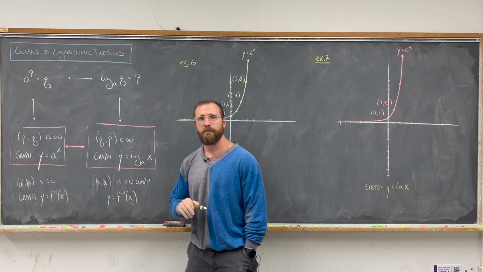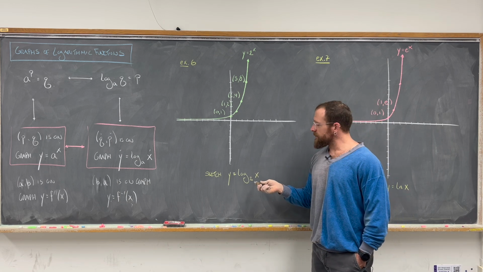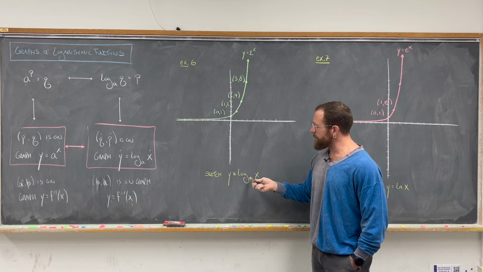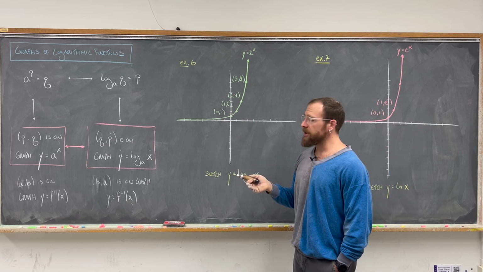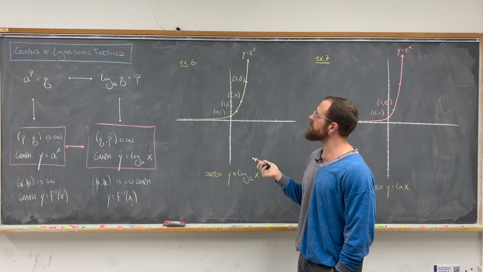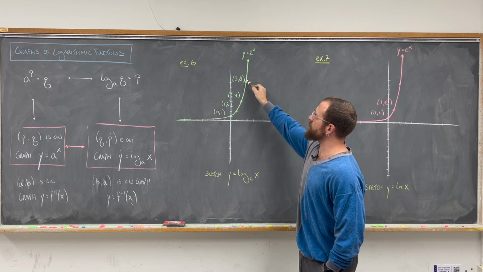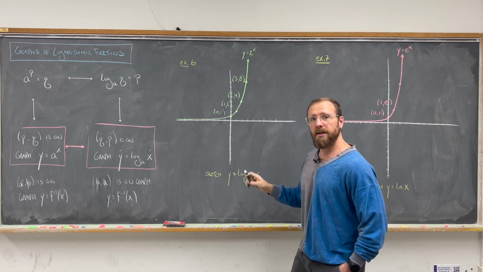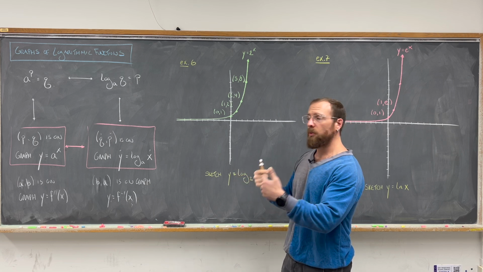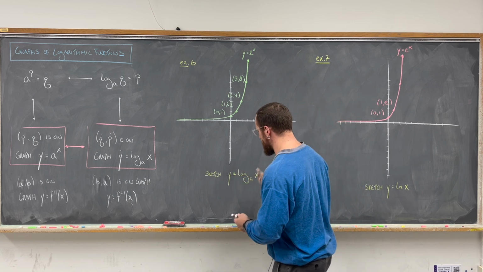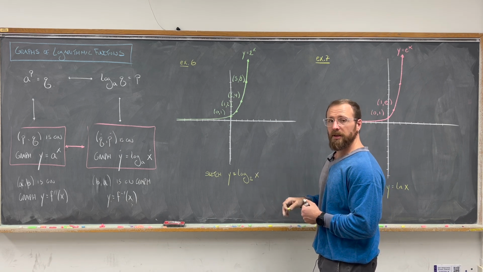So coming over here, I want to sketch the graph of y equals log base 2 of x. To begin with, I'm starting with the graph of the exponential function y equals 2 to the x. I've got it plotted here. I've got a couple points that I know for sure are on this graph, and all I need to do is flip their coordinates, switch their x and y coordinates, to get points that are on the logarithmic graph.